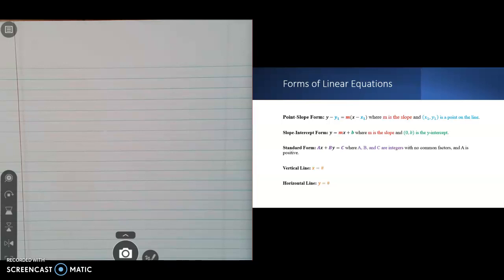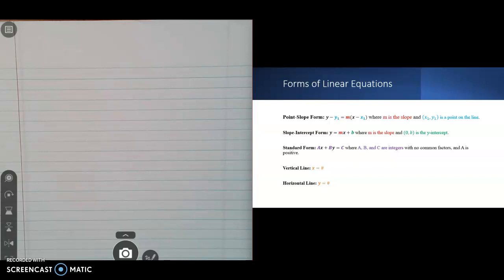So I have in blue the point on the line, and in red the slope there. Those points, the x1 and the y1, will be numbers that you're plugging in. The slope, that m value, will also be a number. The black y and the black x are the ones that will stay in your equation and be your variables.